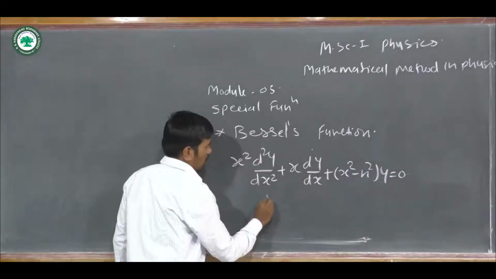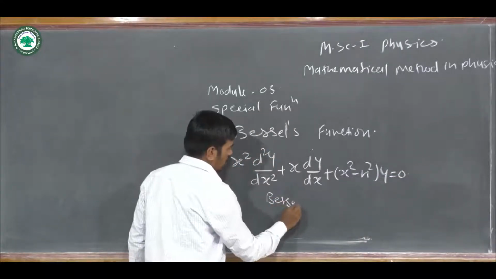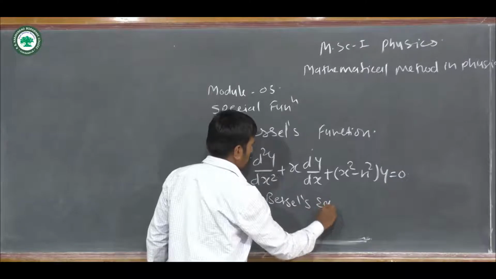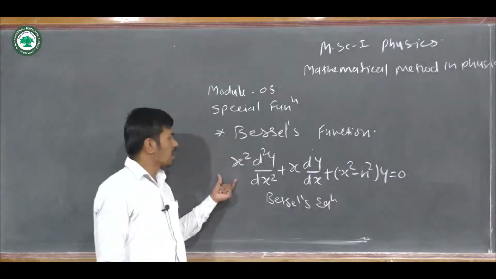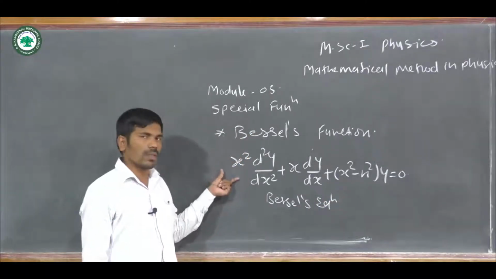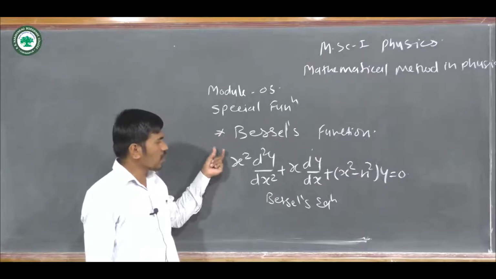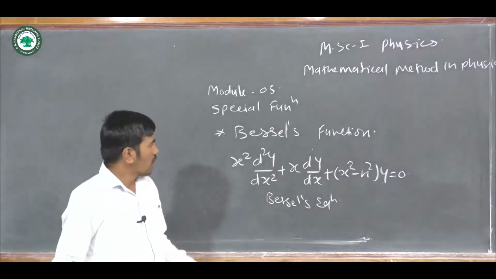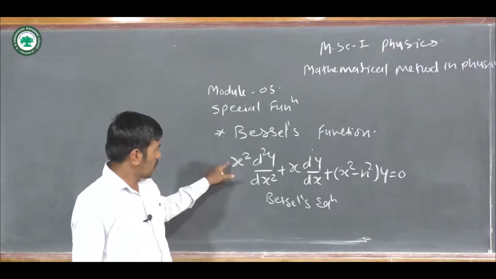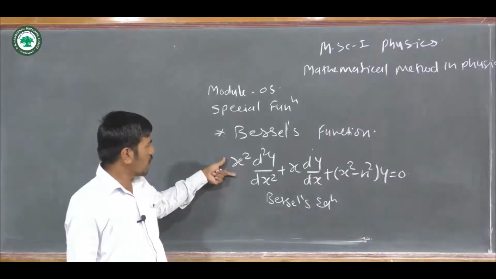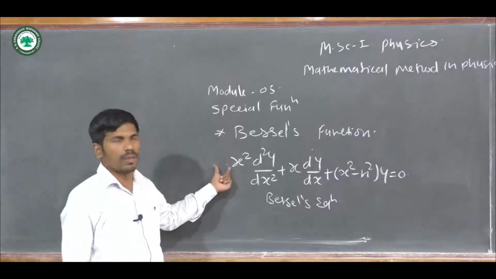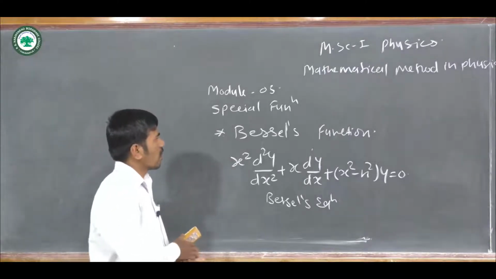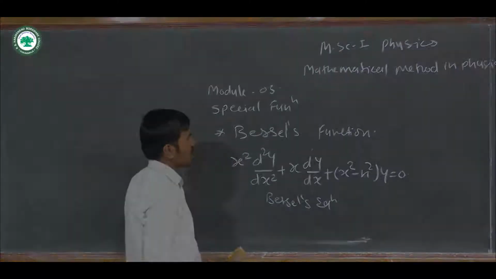This is the Bessel equation, and the solution of this equation is called the Bessel function. Today we are going to find the solution of this Bessel equation, and then we can discuss the Bessel functions.